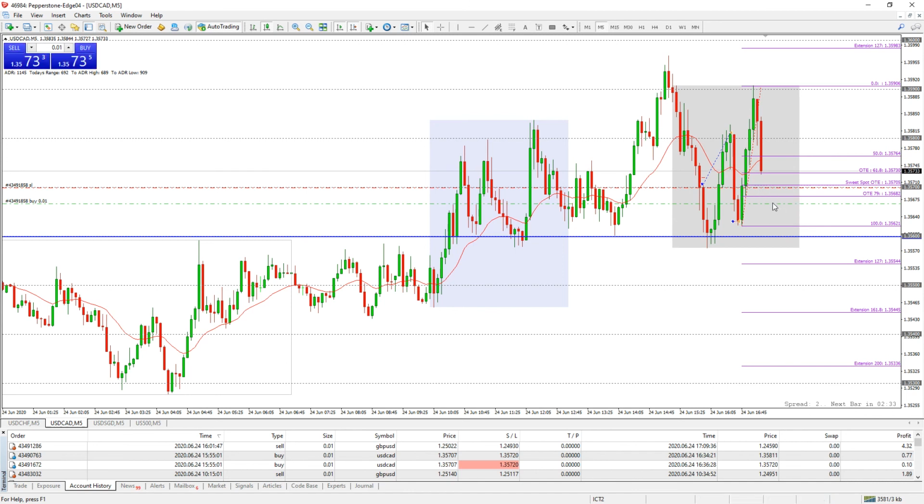So for now this trade, I just took it when I saw price move this way. Hopefully I don't get taken out, and that's the end.